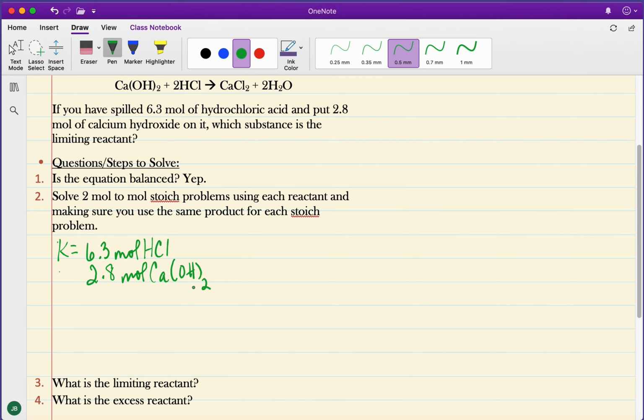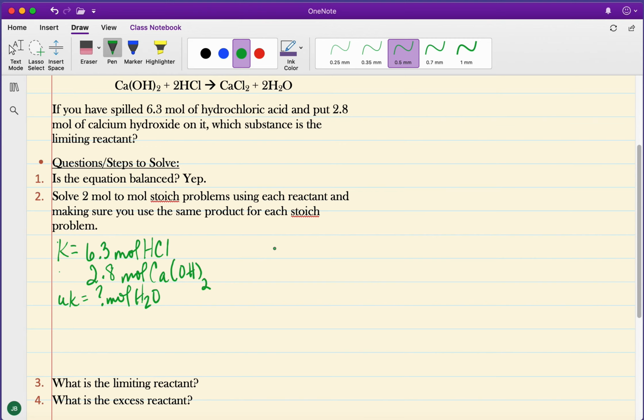All right, and notice for this particular problem, they did not give us a particular product that they wanted us to solve for. So I went ahead and decided that I was going to solve for the number of moles of H2O. Now, because I was given my reactants in moles, that is why I'm going to solve my product in moles as well. So let's go ahead and set this up.